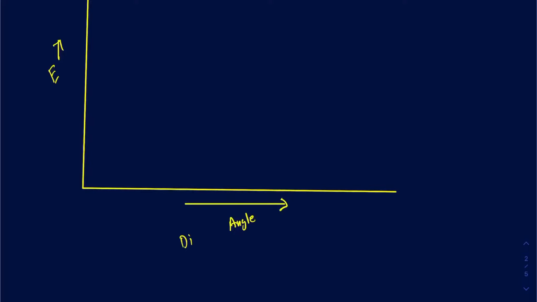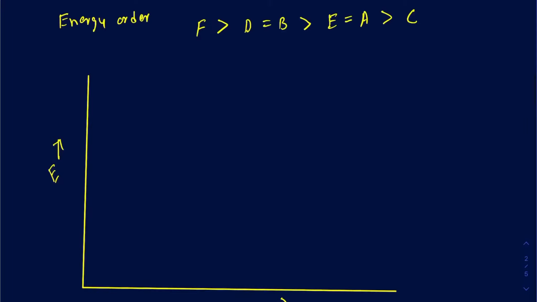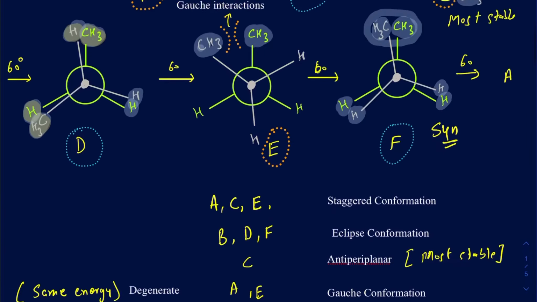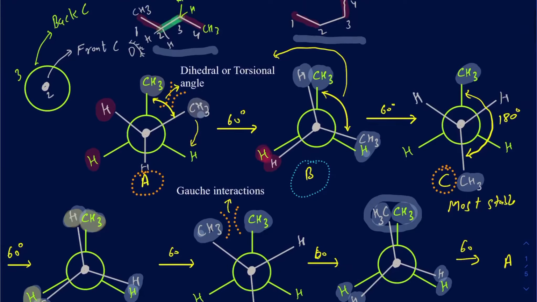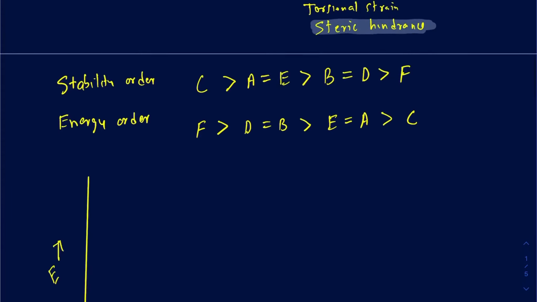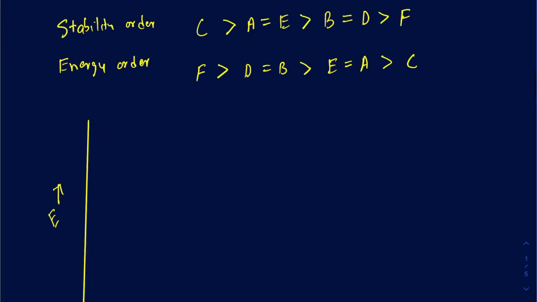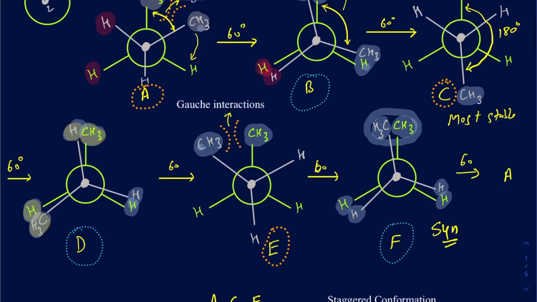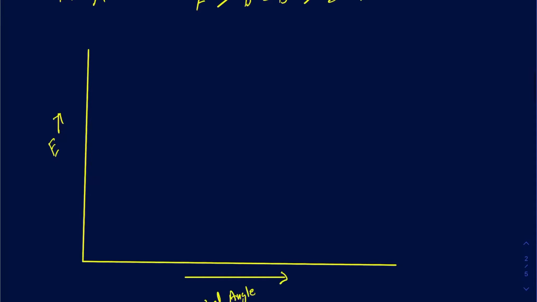So you want to see what happens when you move along the dihedral angle. In this particular case, the dihedral angle that we're going to be focusing on is between those two methyl groups. Okay, so we know your first one was A, and A was one of the Gauche conformations. So Gauche conformations are going to be more stable than your eclipse conformations. So I'm going to go ahead and draw this, let's suppose, right here.